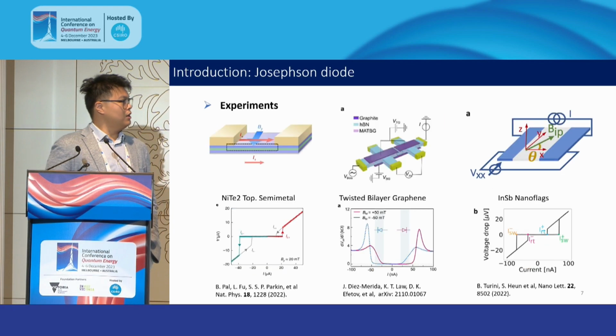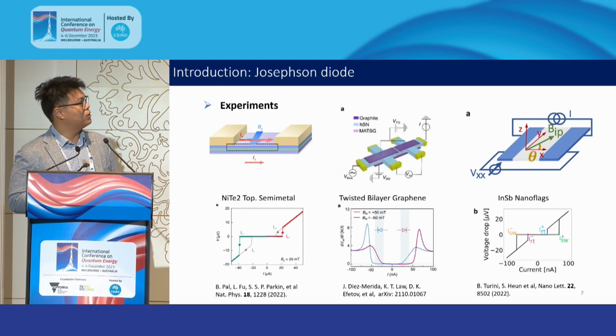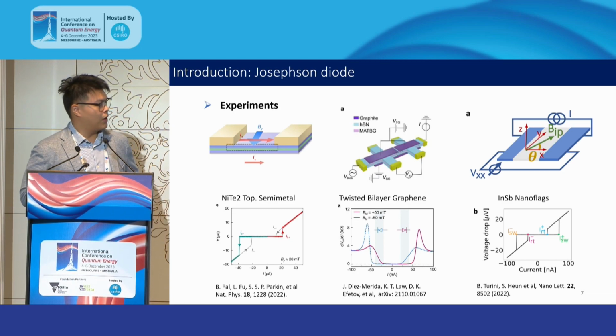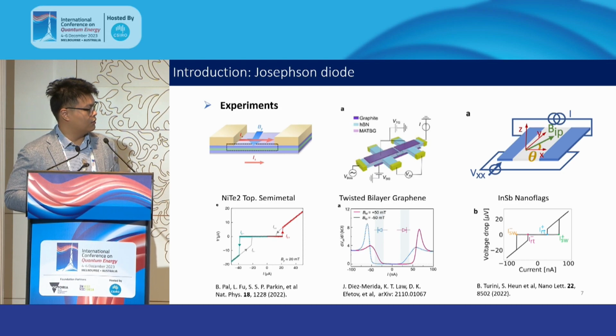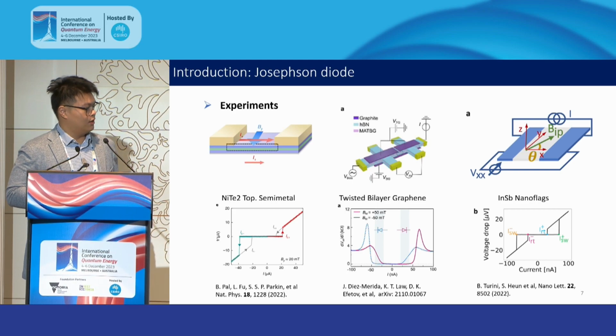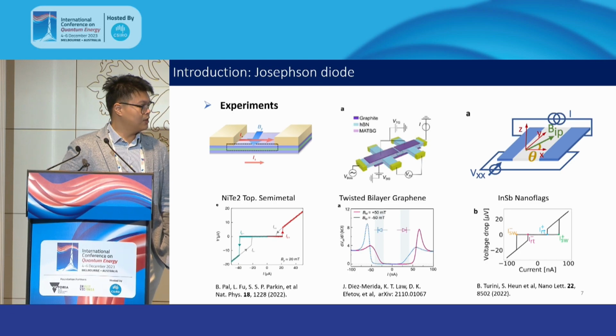There are many systems supporting this Josephson diode effect, from topological semimetal systems, very new and fancy systems, and twisted bilayer graphene. They are realized in some recent experiments, but in some classical systems, I mean semiconducting systems, we also expect that there is a Josephson diode effect inside.